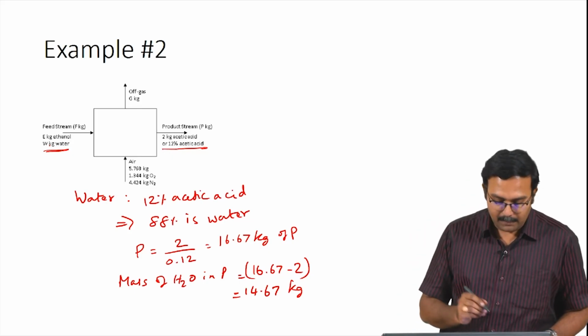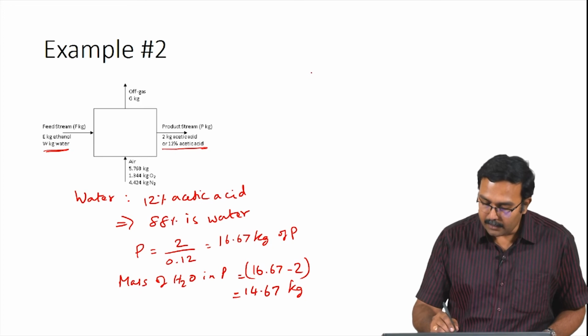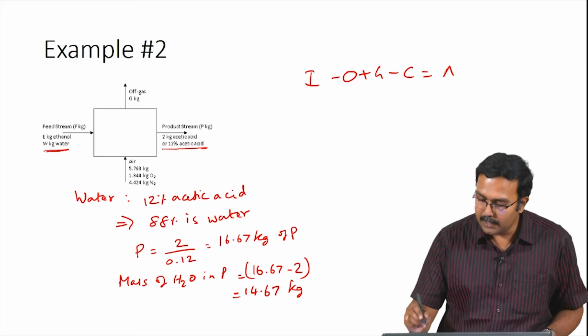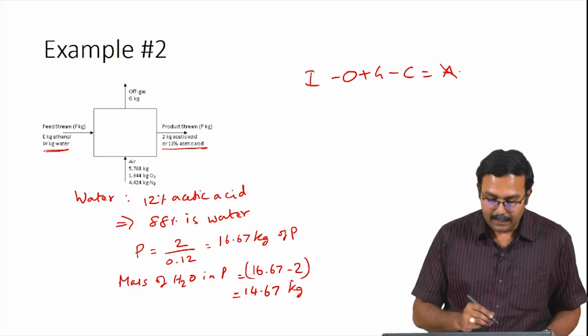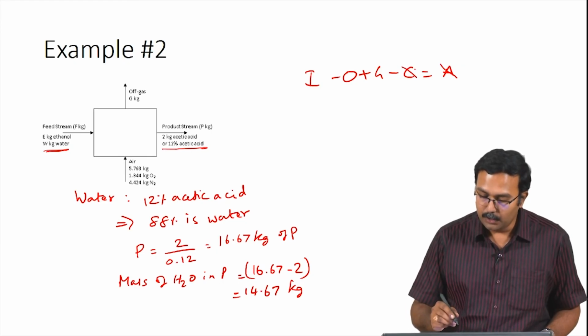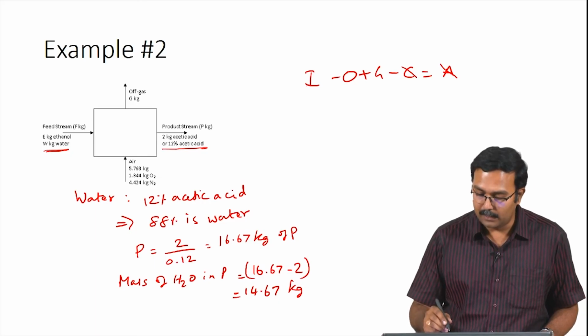Let us write the balance equation for water. It would look like input minus output plus generation minus consumption equals accumulation, with accumulation going to 0 for a steady state process. Water is not consumed in the reaction, so consumption goes to 0. So, you are left with input minus output plus generation equals 0.